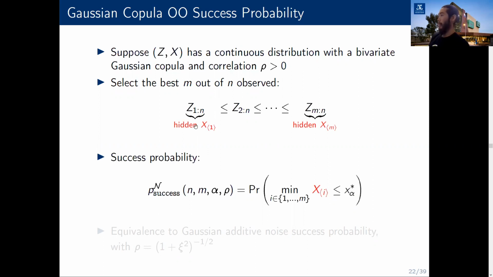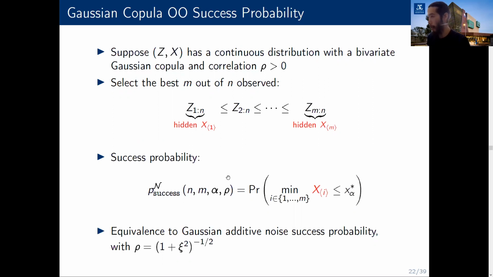And then we analogously define the success probability as before. But now this one is in terms of the correlation rho. And there's actually a way to make this equivalent to the problem from before, which is by relating the correlation rho to the variance psi squared via this relationship here.